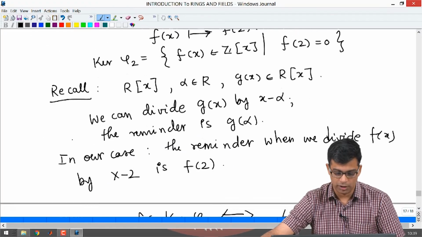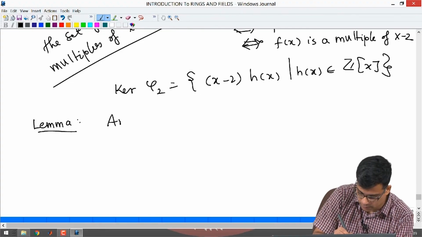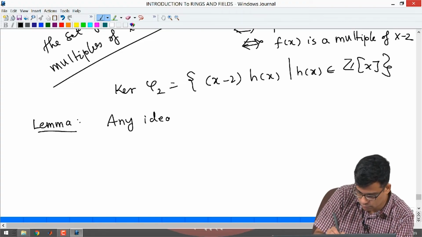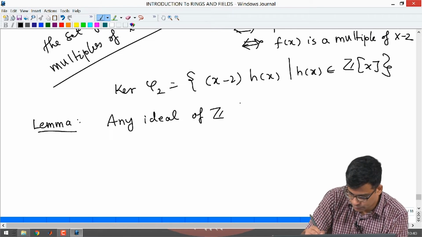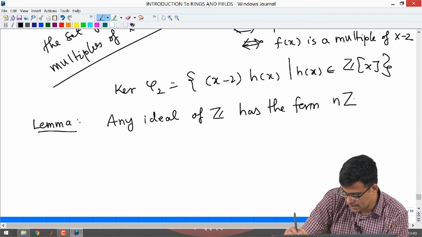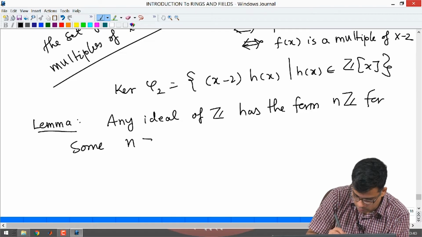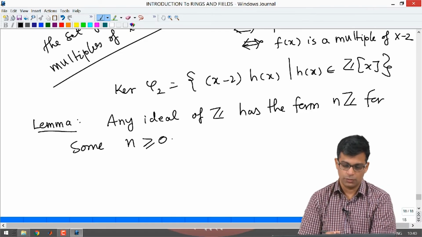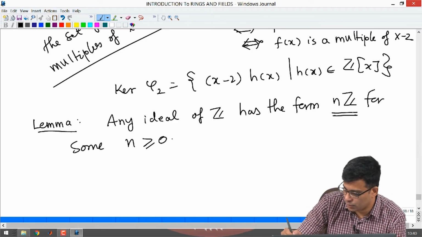So, in other words, what I want to now say is that any ideal of Z has the form nZ for some n greater than or equal to 0. So, any ideal of the ring of integers has the form nZ.